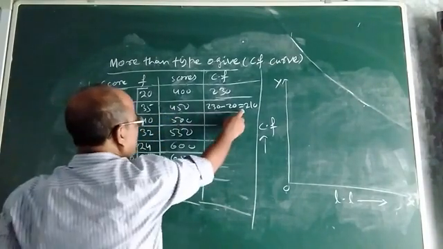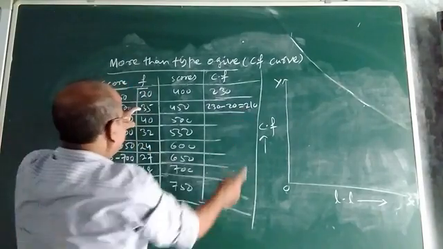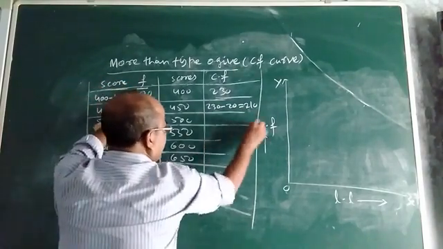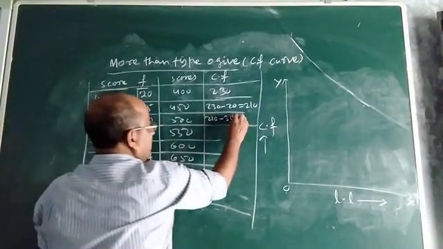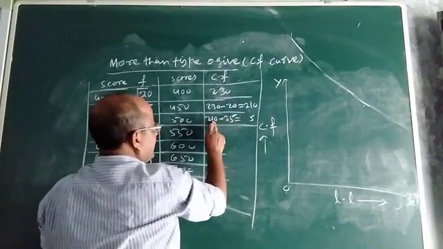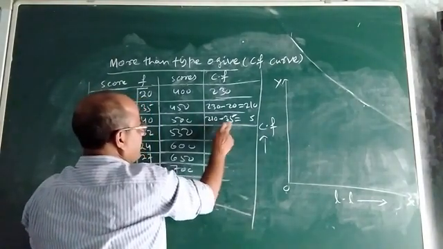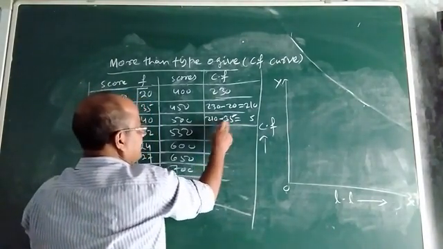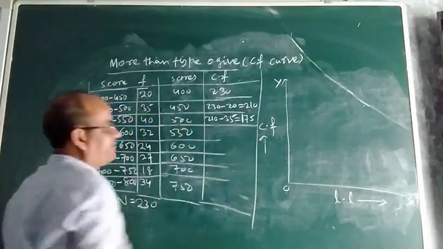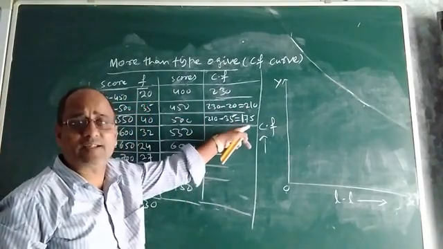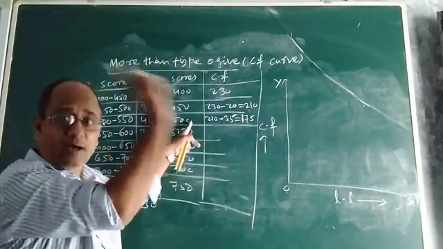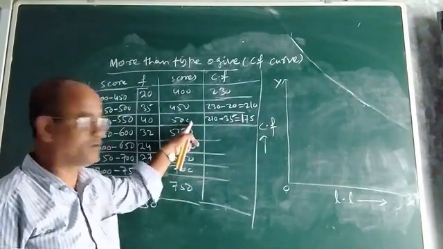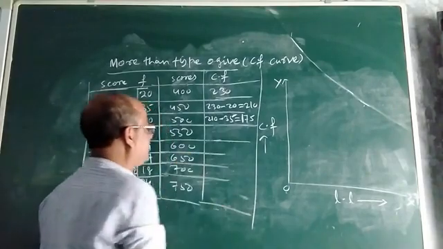This 35 must be subtracted from 210. So 210 minus 35, it will be 175. That means 175 students have scored more than 500 marks in the test or examination. Now this is the cumulative frequency.